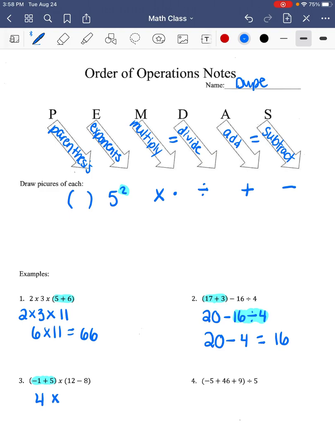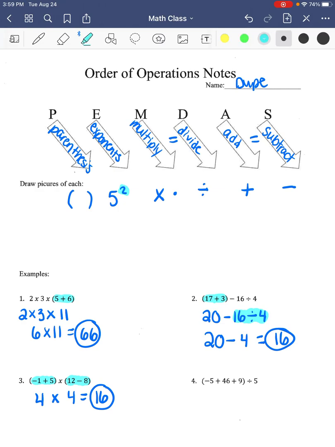We're going to bring down our times sign, and then we are going to do our other set of parentheses. So 12 minus 8 is 4. So then we just need to figure out what 4 times 4 is, which is also 16. You guys, I made a bunch of problems that have 6's in them.